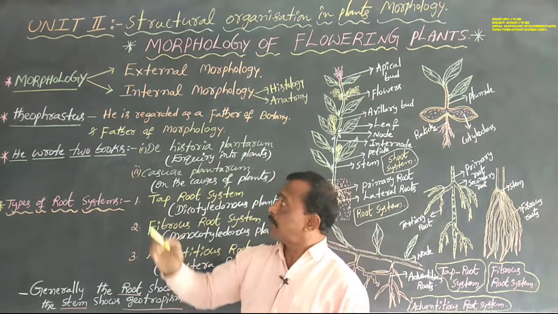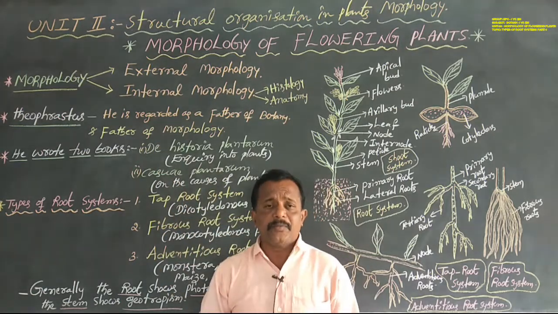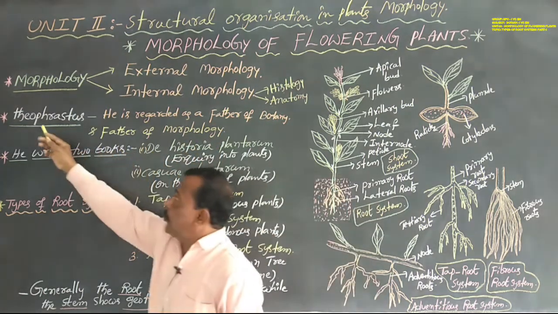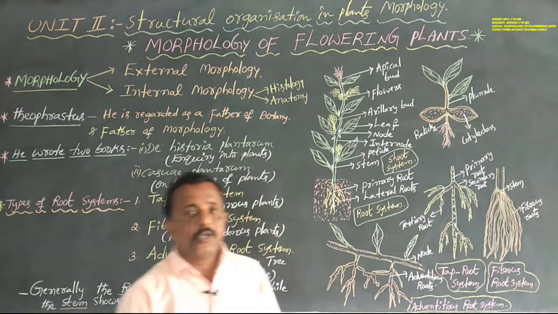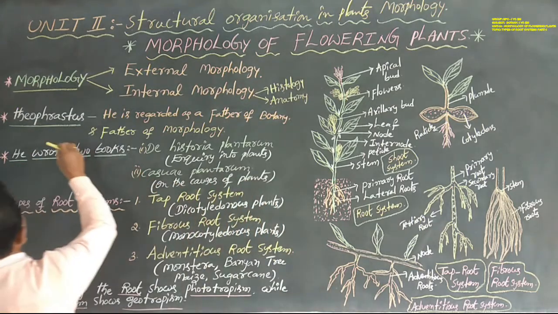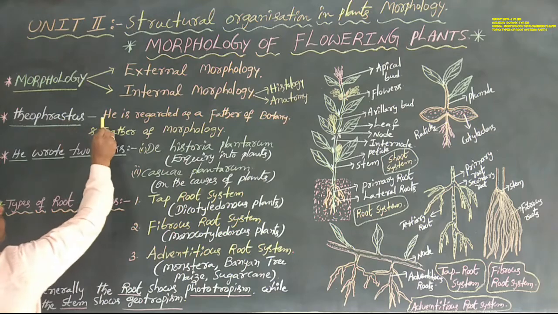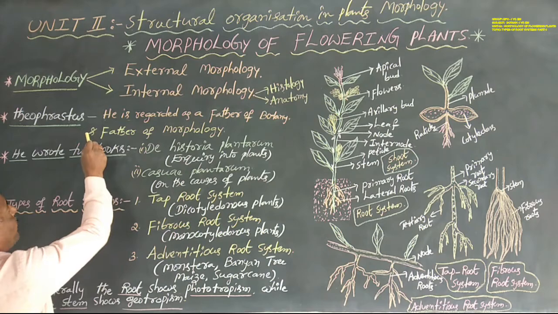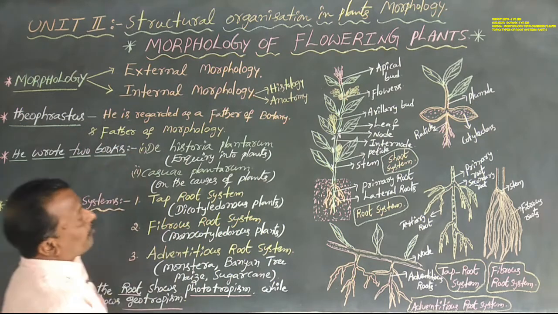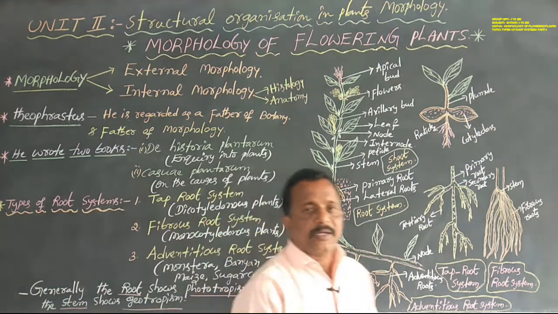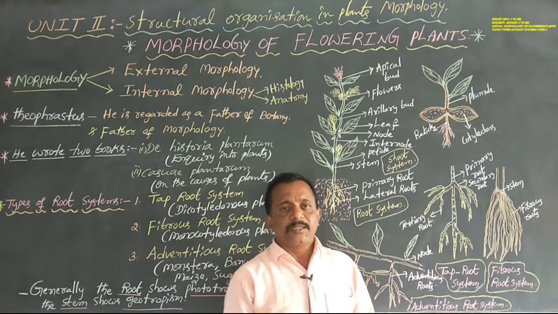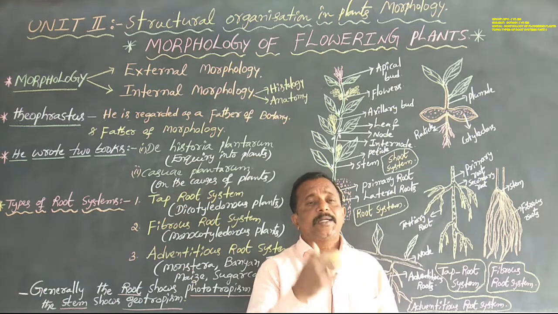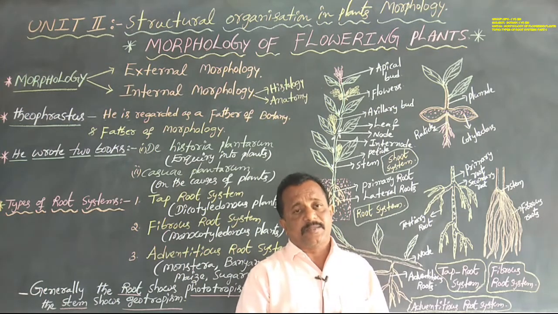Next, who is the father of botany and who is the father of morphology? The credit goes to Theophrastus. Dear students, Theophrastus is regarded as the father of botany and also the father of morphology. Why? Because Theophrastus described 500 kinds of plants, their external and internal morphological characters.